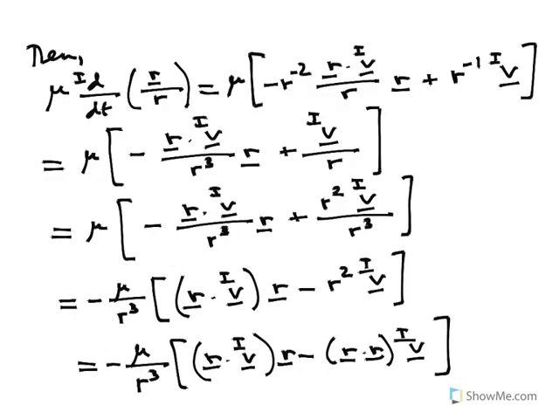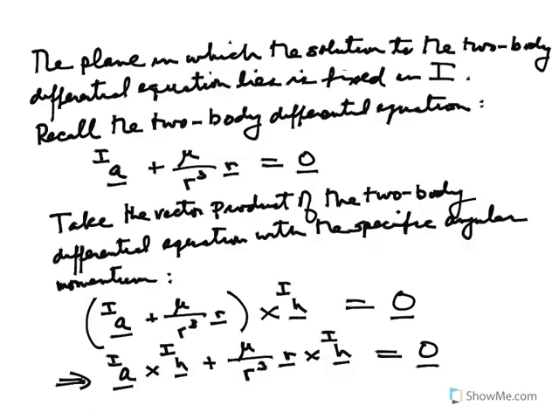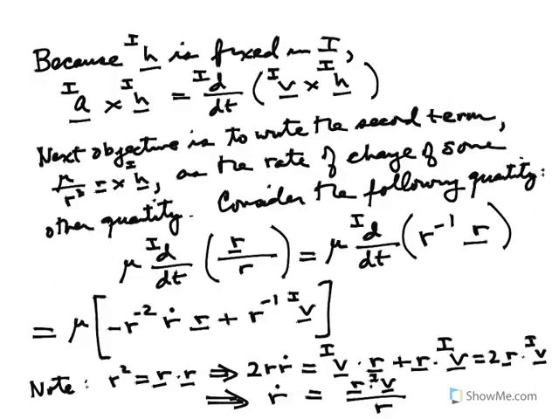So now let's go all the way back to our substitution. When we said we were going to do all this, we had to figure out a way to write the second term as a rate of change of something. Well, now we figured out how to write that thing as a rate of change of something.